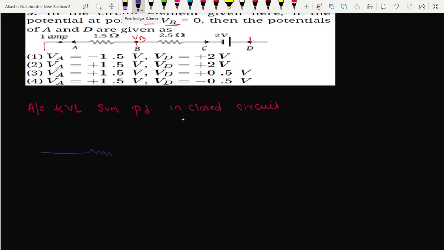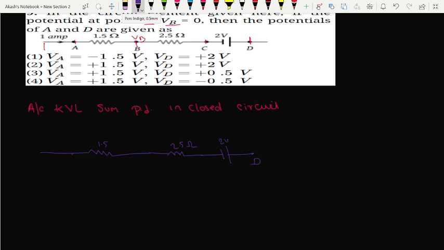This is a 1.5 ohm resistance, this is a 2.5 ohm resistance, and this is point D. This is a 2 volt battery.